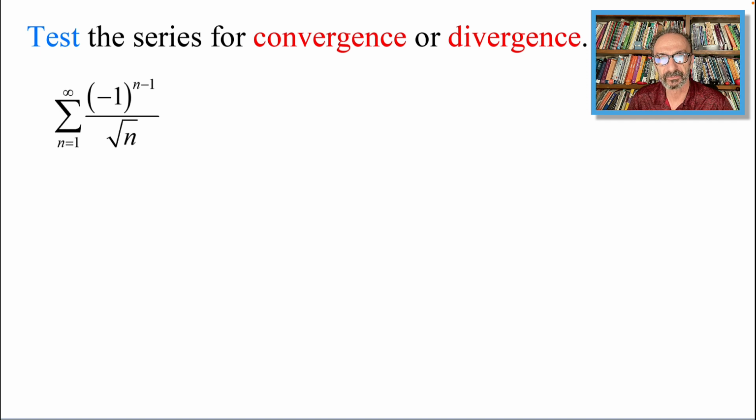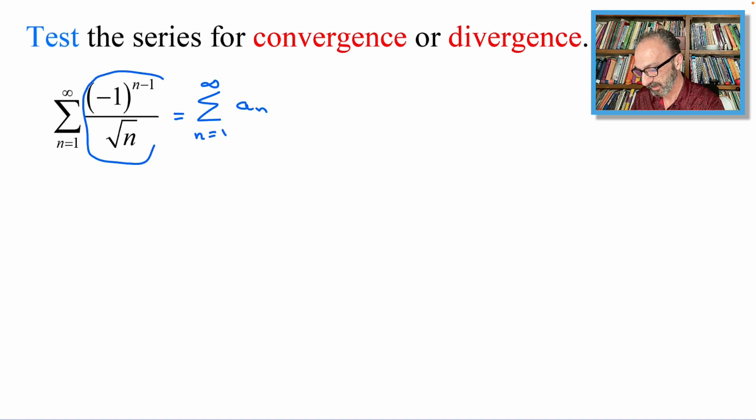So let's get started. So we have the following. This right here is equal to the summation from n equals 1 to infinity of a sub n. This is our a sub n.